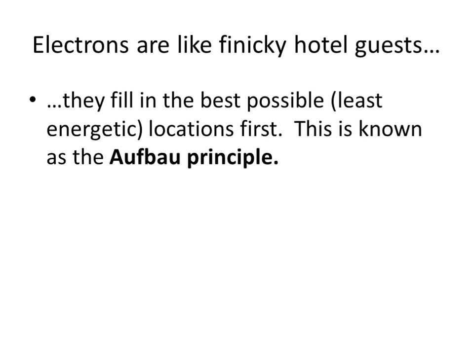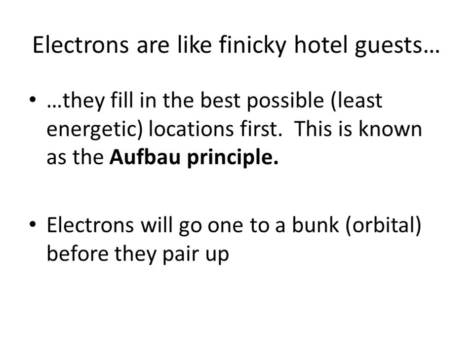Aufbau also governs how the electrons will fill in those sublevels. Once you're within a given sublevel and you're looking at those individual orbitals, think of the orbitals as being like a bunk bed in the room. The sublevels would be the individual rooms on the main floors, and those orbitals are like bunk beds.